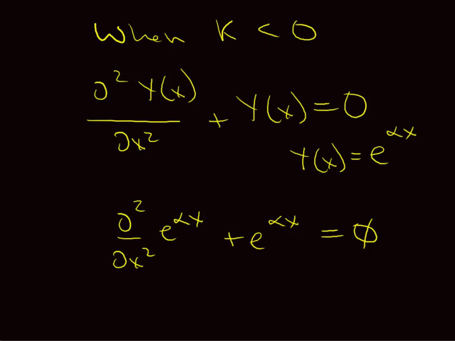And once we've gone ahead and done our partial derivative, you'll notice that we are going to keep pulling down our alpha during each one of the partial derivatives with respect to space, so we have alpha squared e to the alpha x plus e to the alpha x equals 0.